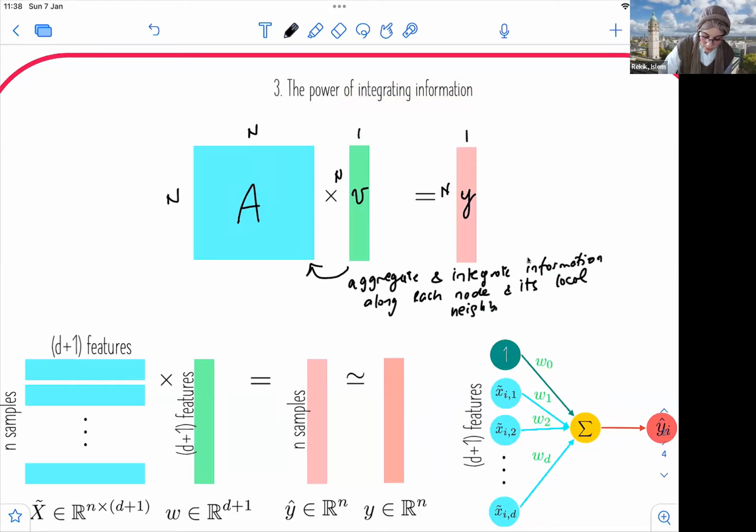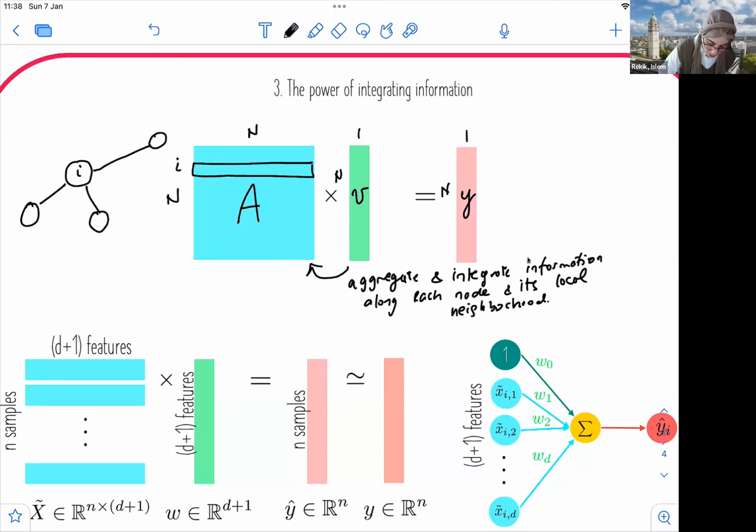Okay, so let me explain that. Every time you take a node, let's say this is node I, and let's say this node I is connected to only, for example, 4 nodes. These are the nodes and the rest are zeros.